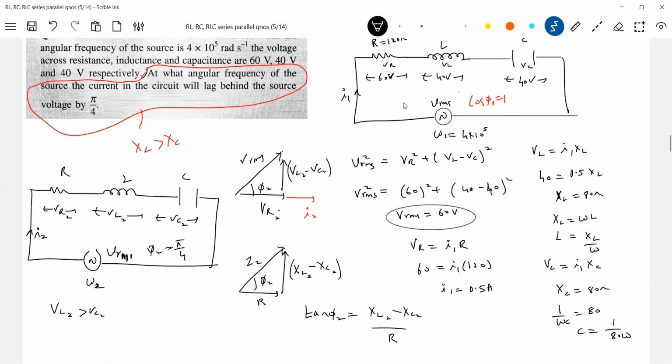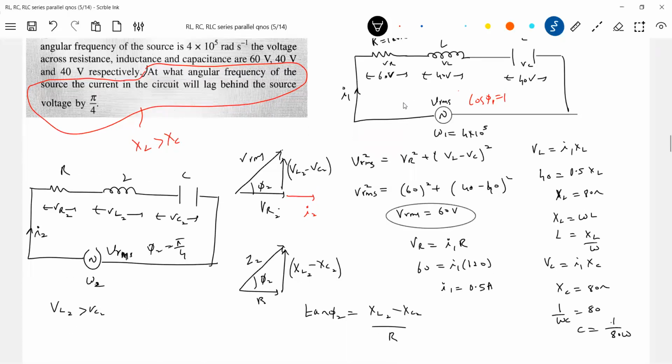Yes, R is given. Now you can write (omega 2 L minus 1 by omega 2 C) by R. We know R, we know the phase angle, we know L and C. Solve for omega 2, you'll get the required answer.